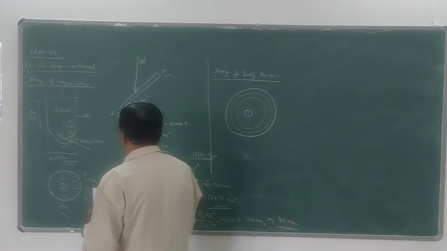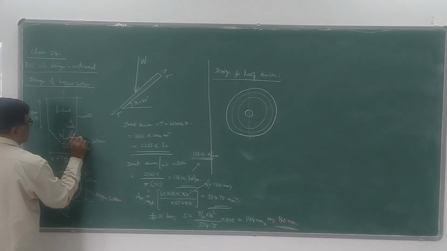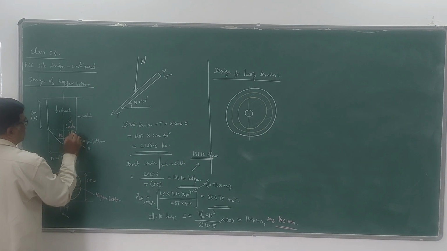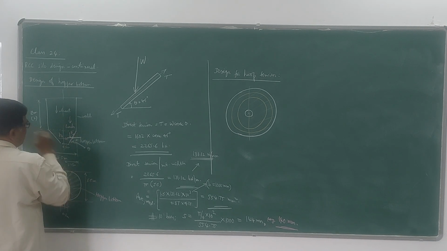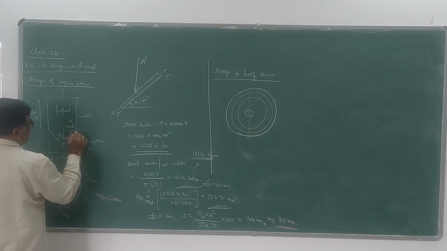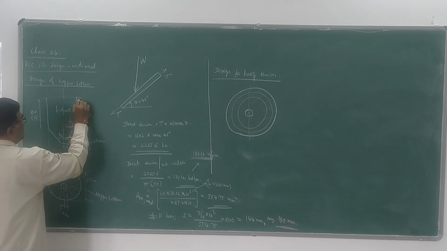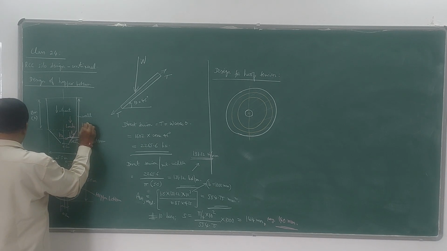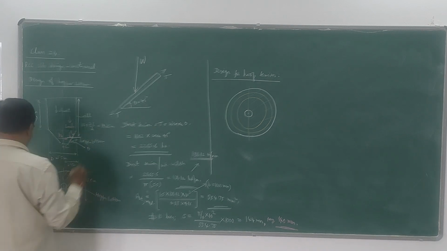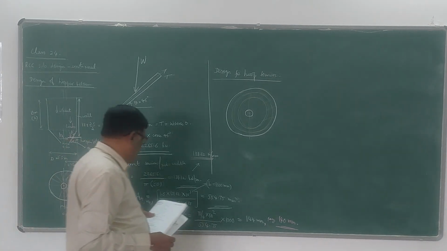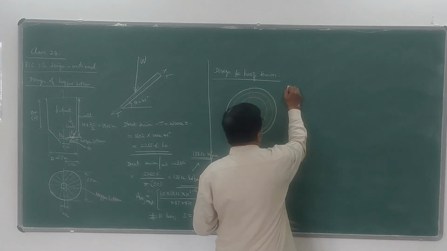This is 18 meter, so I have to add half of 2.5 to this. So it becomes 18 plus 2.5 by 2, which comes out to be 19.25 meters.